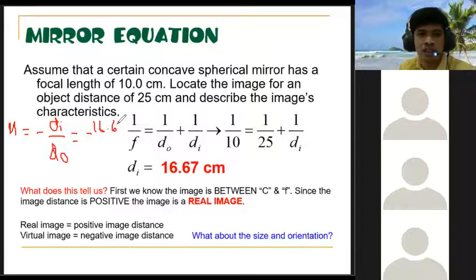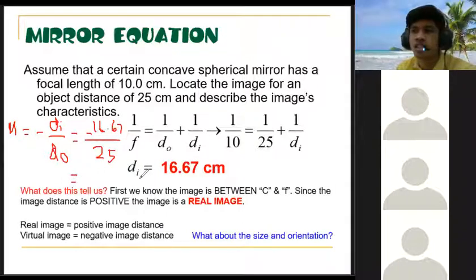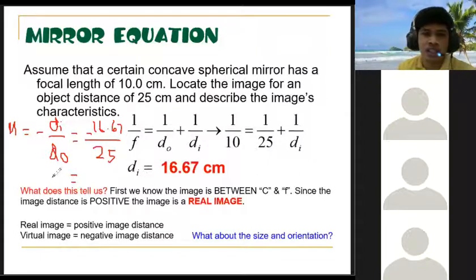So DI is 16.67, and DO is 25. So that is 16.67 divided by 25. Let me use the calculator here. In our example, that is negative 0.67.